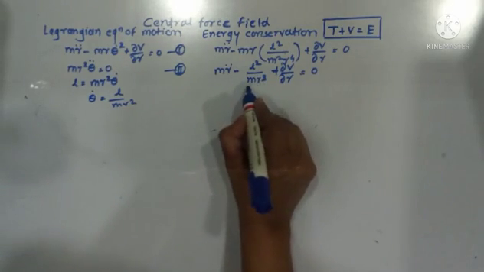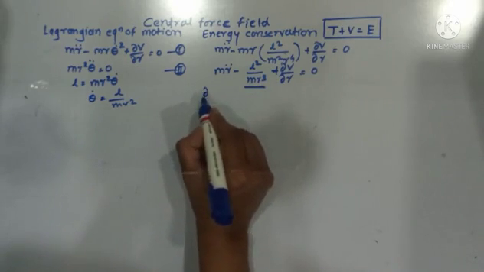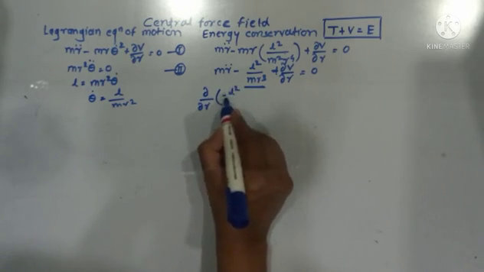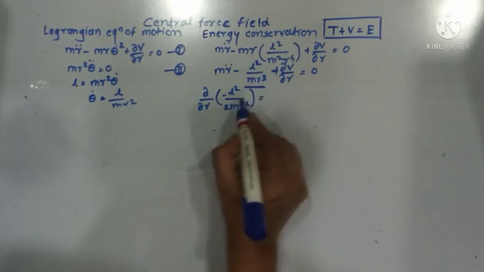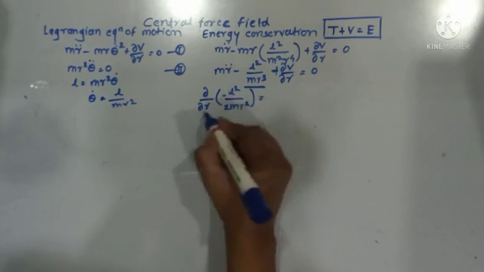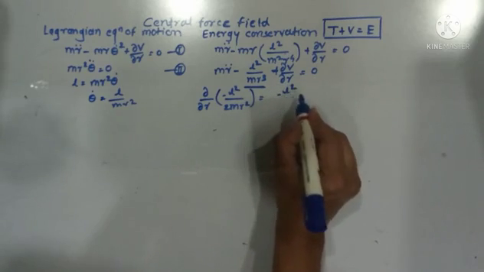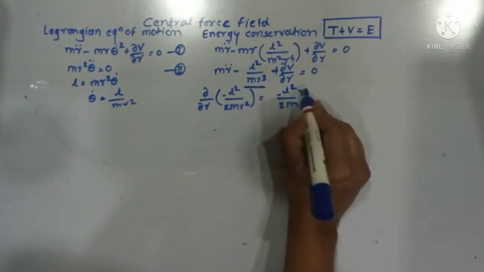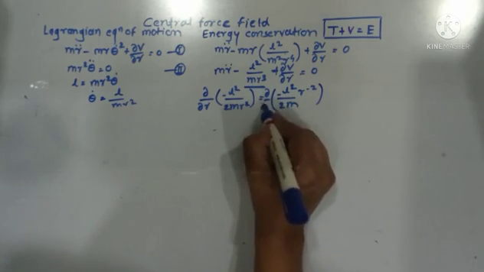Now let us replace this term by dou by dou r of minus L square upon 2m r square. So what will be its derivative? Its derivative will be minus L square upon 2m into r raised to minus 2, with dou by dou r applied.